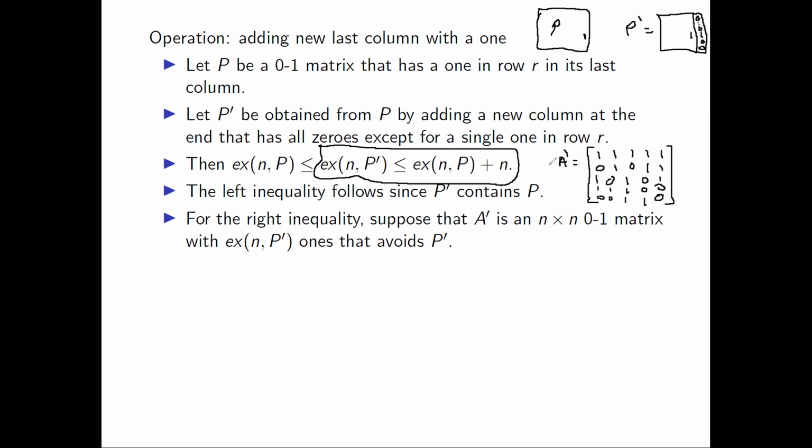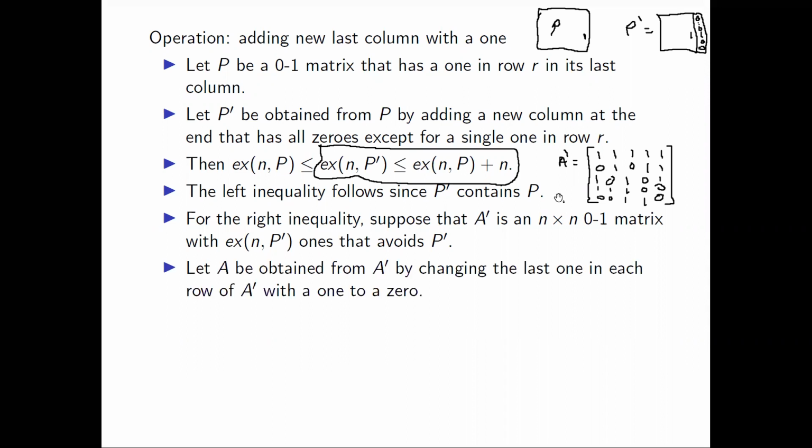That's just an example of A prime. That's a 5 by 5 A prime, so that's for n equals 5. And here's the operation we're going to do on A prime. We're going to make a new 5 by 5 matrix, in other words, a new n by n matrix. We'll call it A. And it's obtained from A prime by changing the last 1 in each row of A prime with a 1 to a 0.